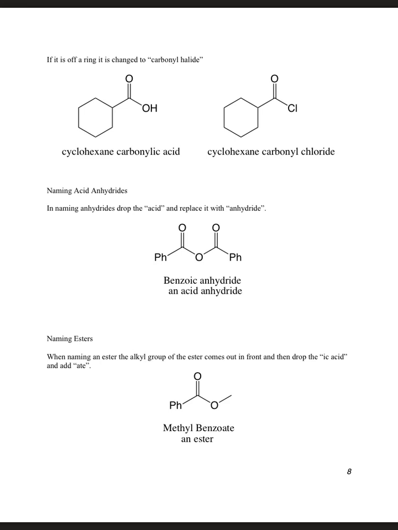Methyl benzoate, we drop the ic acid, add ate. So we're talking about the carboxylate of whatever acid we would have. So this one, the carboxylate this would be formed from, was benzoate, the carboxylate of benzoic acid. And what we have off of it is a methyl off of it, so methyl benzoate.